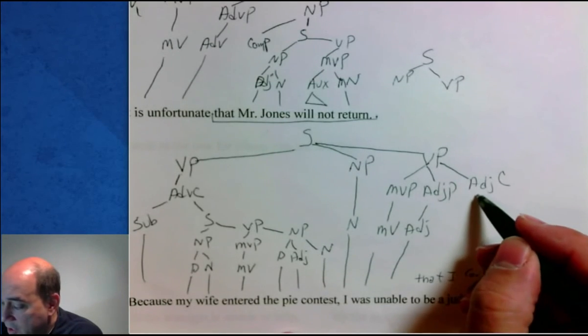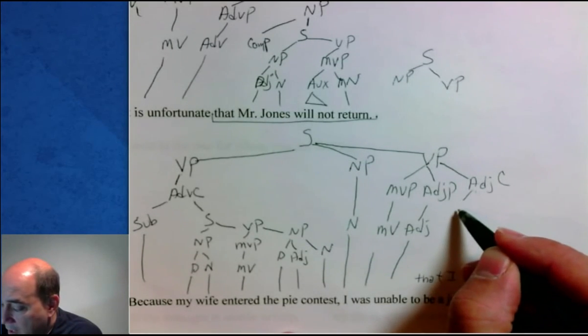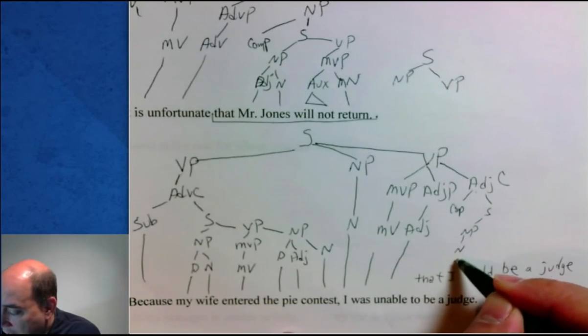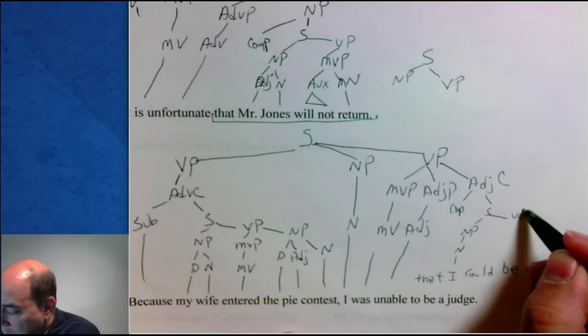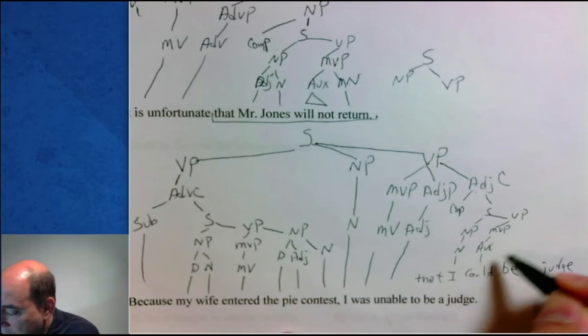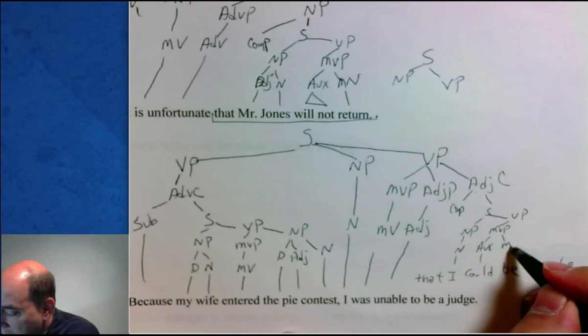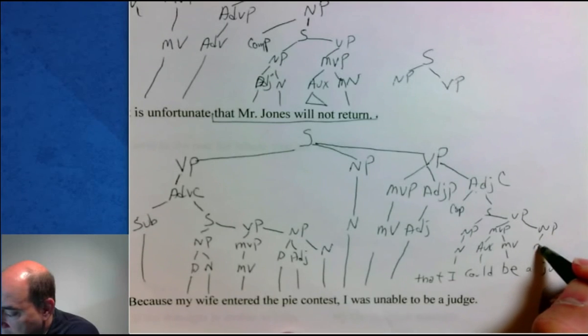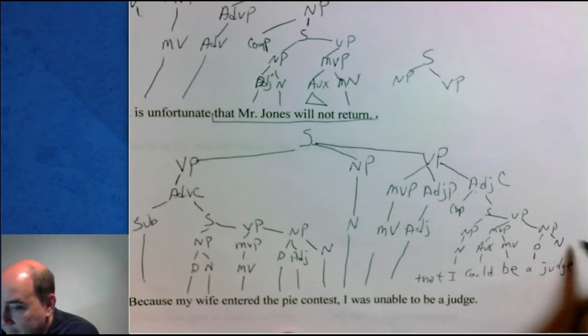Because it's a clause here, we've got a complementizer, and then we've got a sentence. Noun phrase, noun, I. Verb phrase, main verb phrase, auxiliary could, main verb. And then off of here, a noun phrase, determiner, and then a noun.